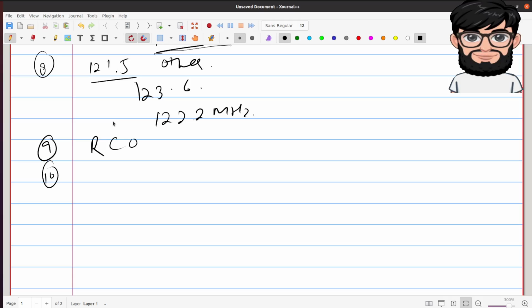So how can a pilot determine what frequency is appropriate for activating his or her VFR flight plan once airborne? So there are two ways.